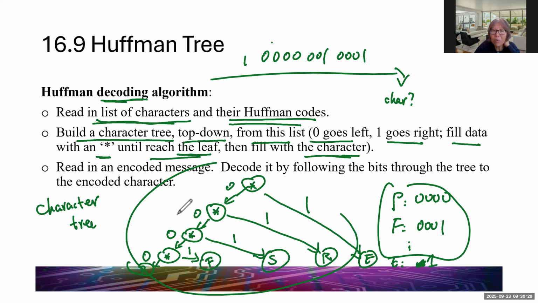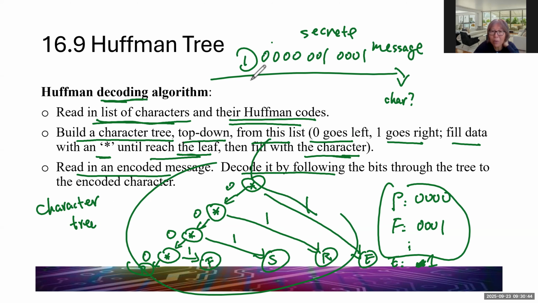We build the tree and then here is a message, some secret message. With this secret message, we can decode. We start at the root, and read 1, then we know it's E. Then you read 0, 0, 0, 0. That's P. Then you have 0, 0, 1.